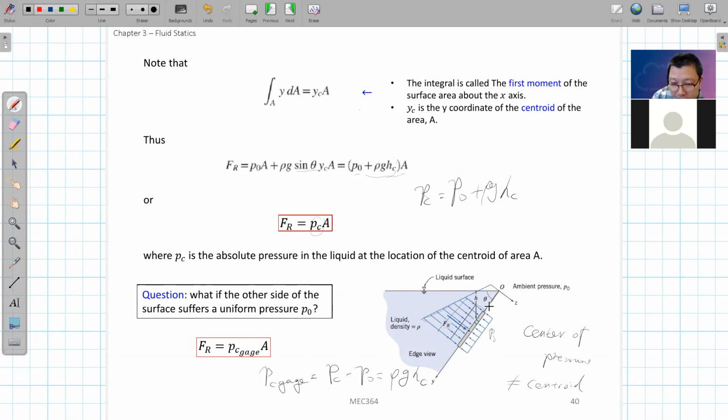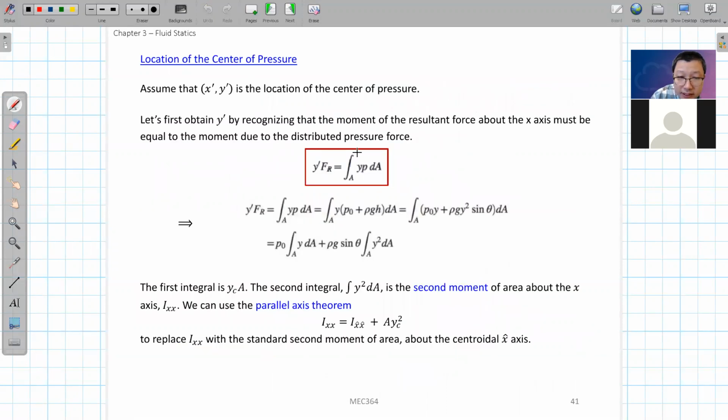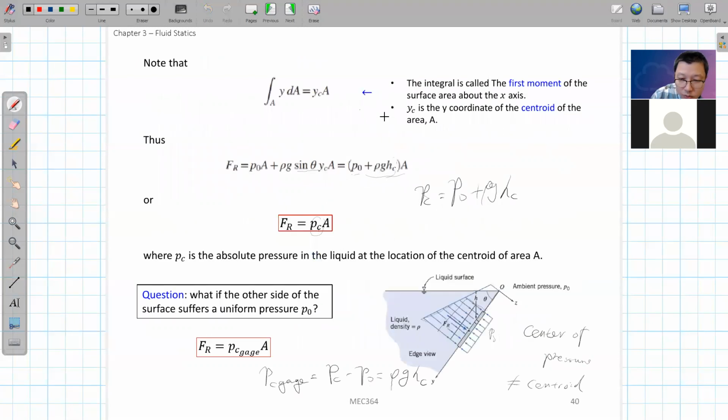Because we define this y coordinate along this plane direction. So we simply integrate the y coordinate times pressure over the whole area. Basically, we can get the overall moment of all these parallel pressure forces regarding this origin point, right?